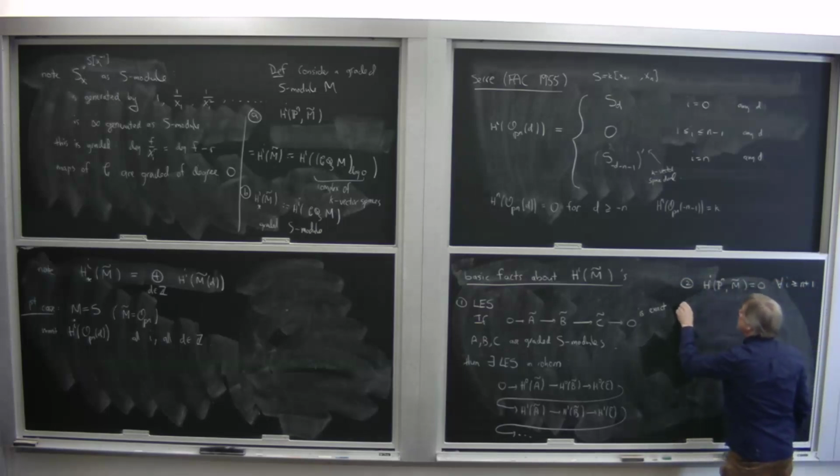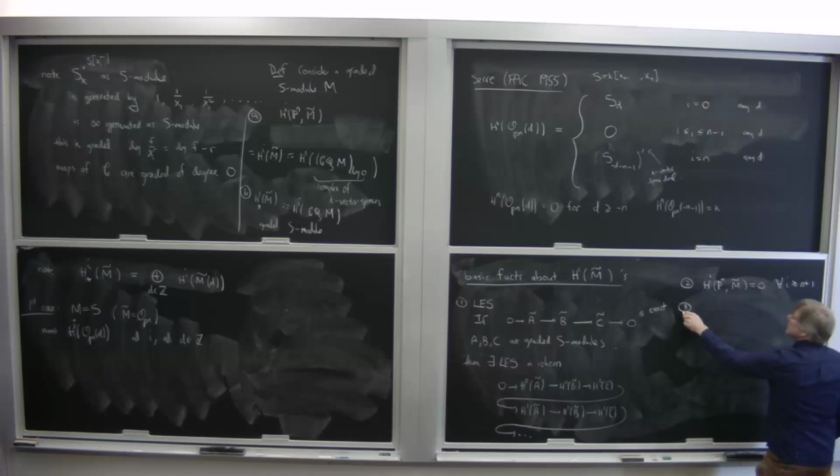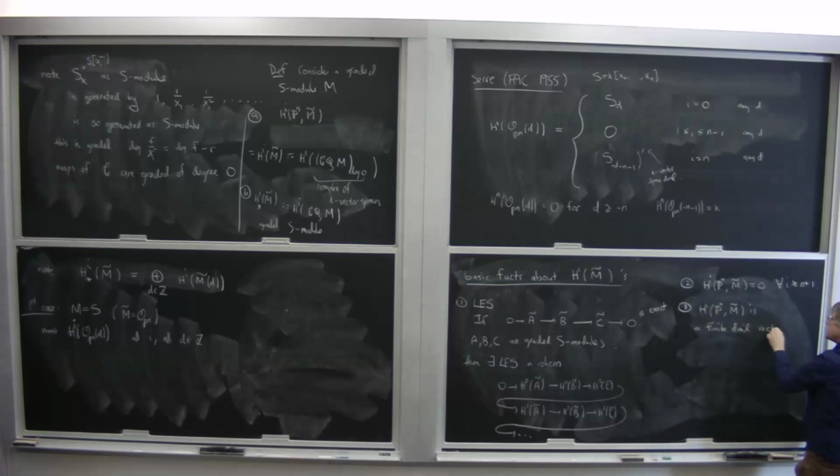Here's something else that would follow if we were to prove the other statements that are from Serre, but it's actually an important thing. HI of P^n with coefficients in M tilde is a finite dimensional vector space for every I. This is not obvious from this, and in fact, if it's not a projective thing, it's not true.